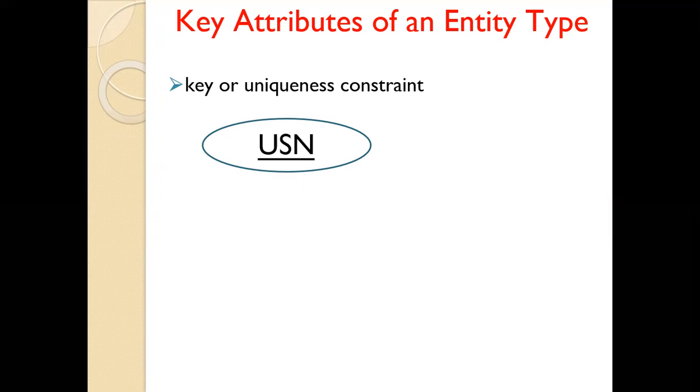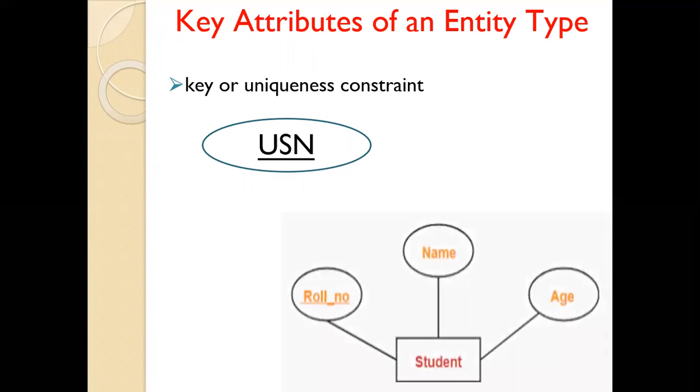And the symbolic representation of key attribute is the same as a solid line oval, and the name of that attribute should be underlined with a solid line. So the attribute underlined with a solid line indicates a key attribute.